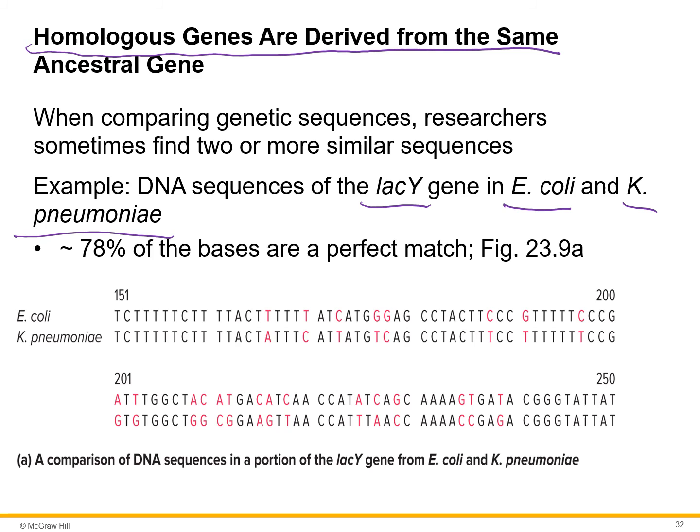So you can see 78% of the bases in this gene are identical in those two different bacteria, which means about 22% of them are different, and the red ones are the different ones. And so that kind of information you can get from doing these computer analyses.